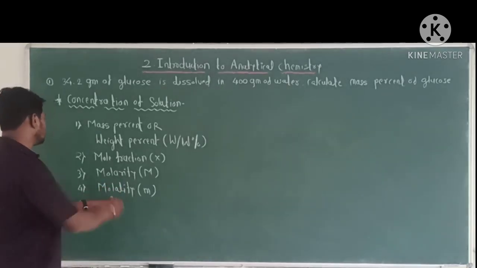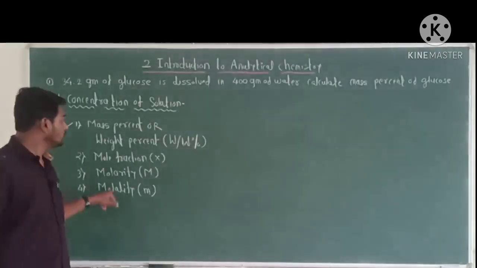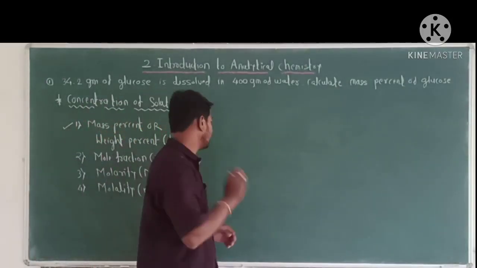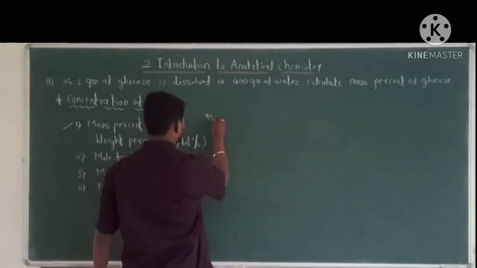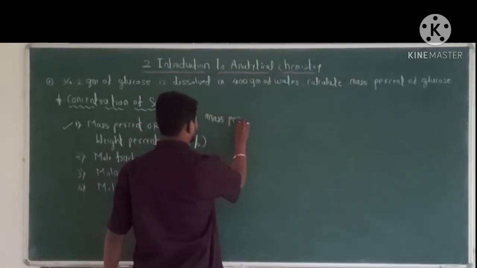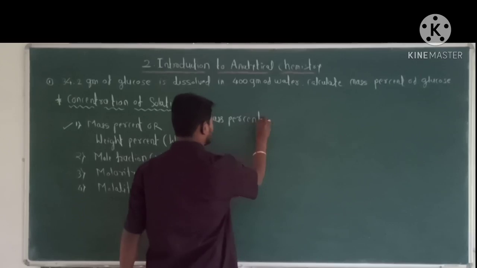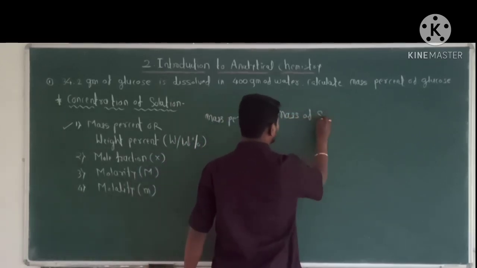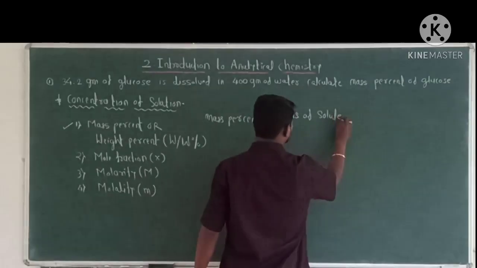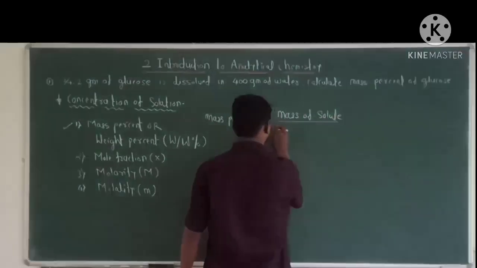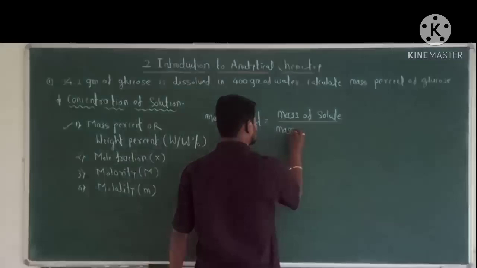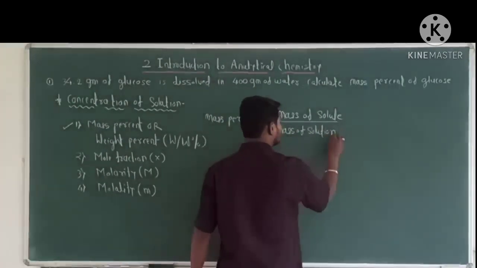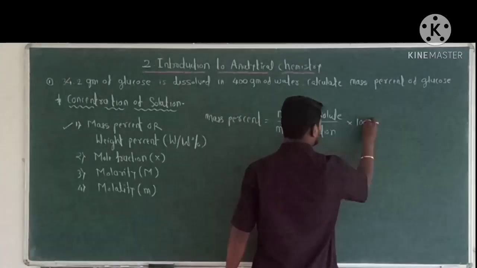Now first, mass percent. The mass percent is obtained by using the following equation, that is, mass percent is equal to mass of solute divided by mass of solution, into 100%.